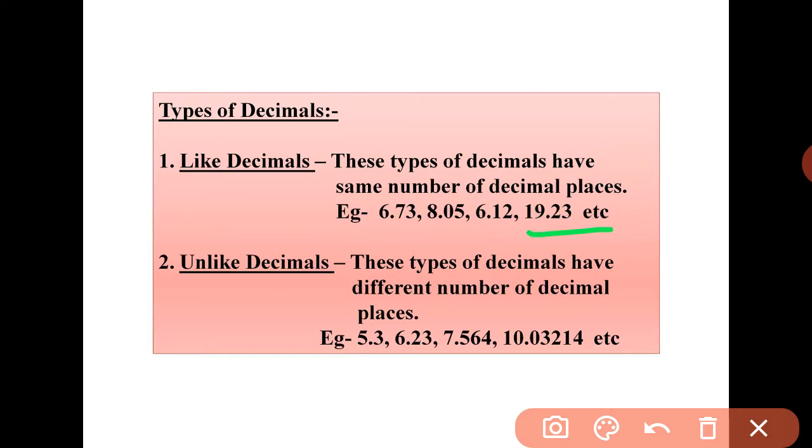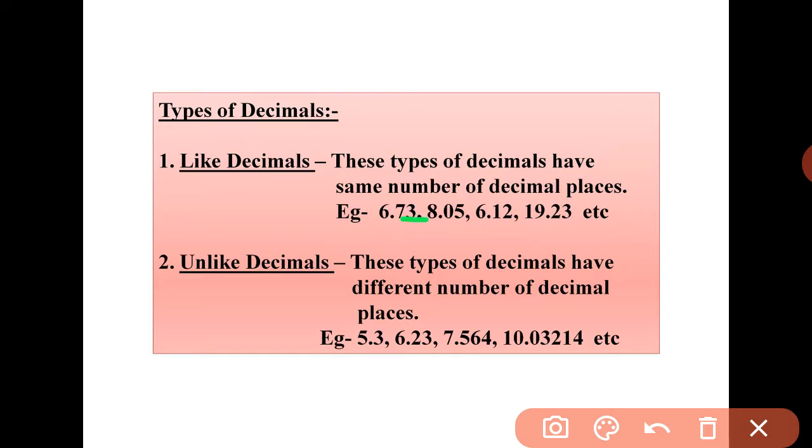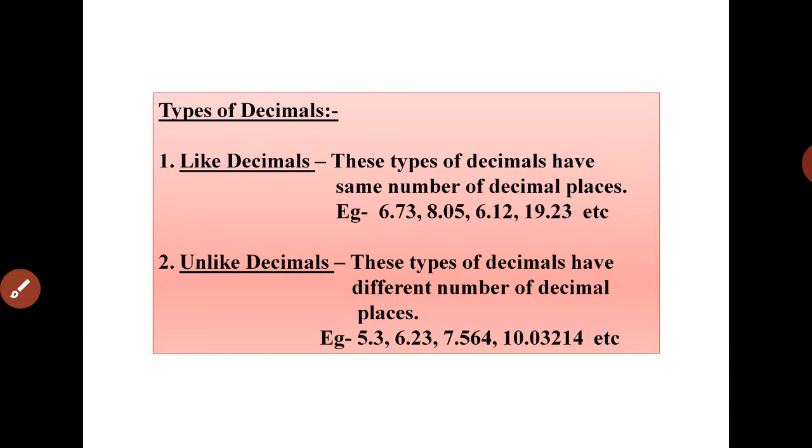When you see this, all the decimal parts have the same place value. That means 6.73, you can see after the decimal point there are two digits. Here also after the decimal two digits. So when there are the same number of decimal places, they are known as like decimals.